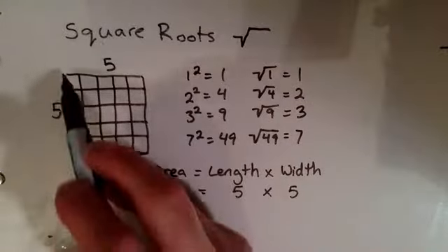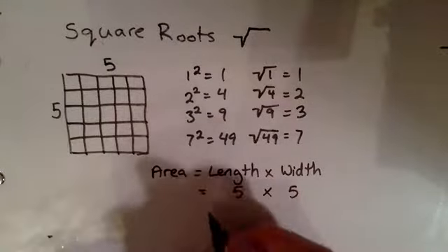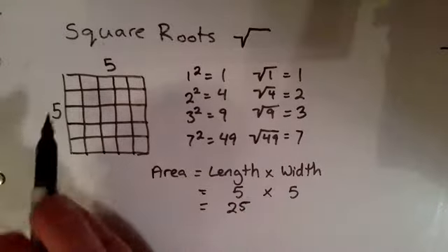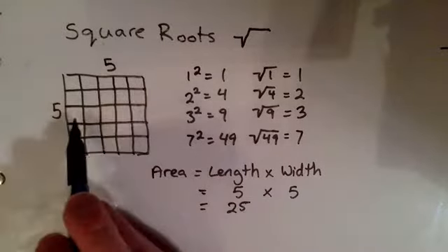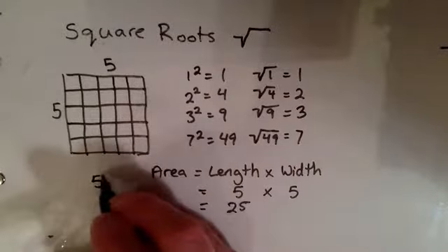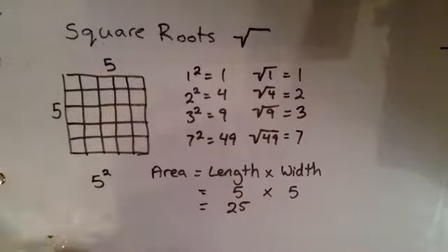So 5 units by 5 units. And that, of course, will give us 25. And if we counted all of the boxes in here, we would find out that we had exactly 25 boxes. So that's why we call 5 to the power of 2, 5 squared.